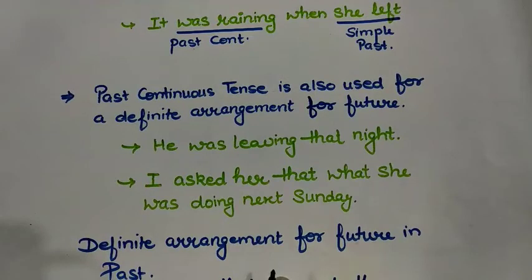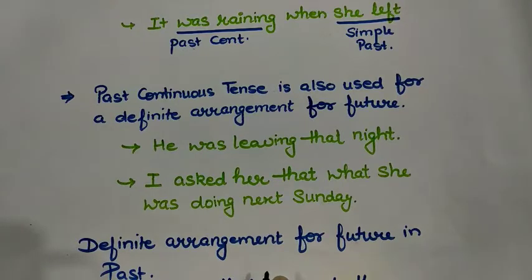Now, past continuous tense is also used for a definite arrangement for the future, but that arrangement we have made is in the past. We will try to understand this with examples. He was leaving that night.